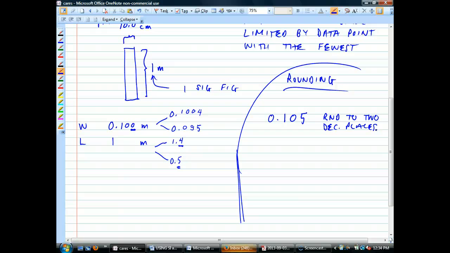So I would write 0.11. But with the rule, if we consider 0 an even number, then we're going to say 0.10. However, if I had this, then I would round this to 0.12. See how that works?